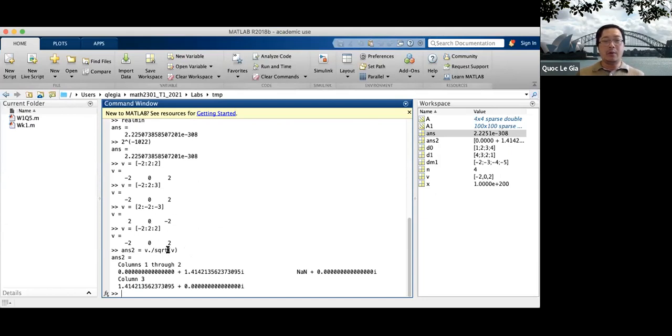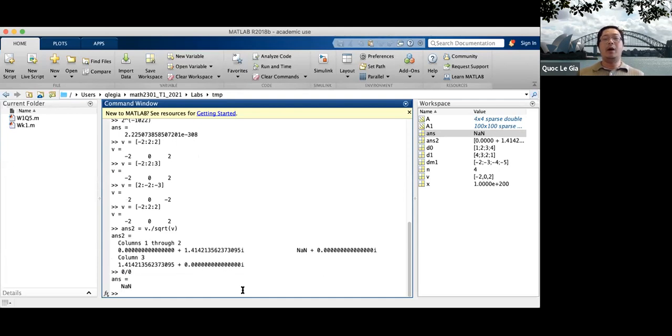When you divide it by square root V, the first entry gives you square root 2 times i, and the last entry is just square root 2. But how about the middle? Remember the dot here just means element-wise operation. Take every entry and divide it by the corresponding entry. So now you have 0 over 0 in the middle. So 0 over 0 is not a number. You see, NaN stands for not a number.